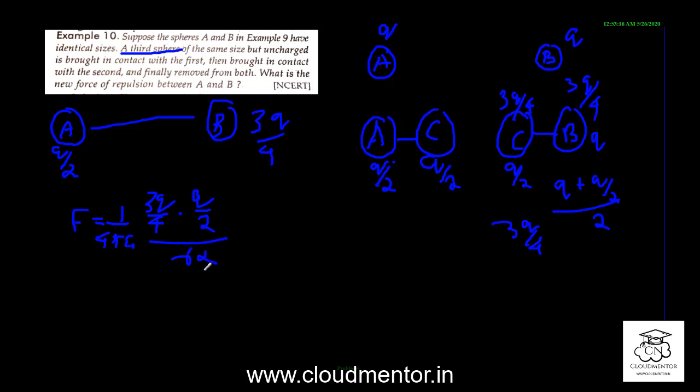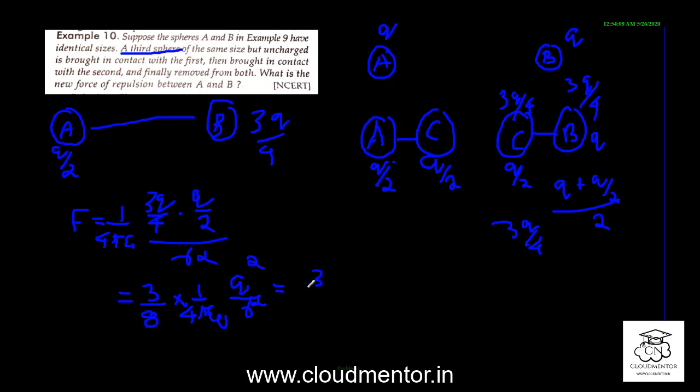That will be equal to 3 by 8 into 1 by 4 pi epsilon 0 Q square by R square. We have found this calculation in the previous question.